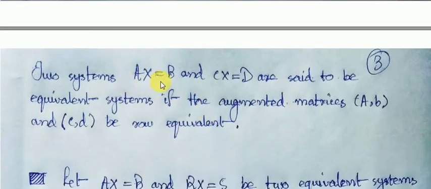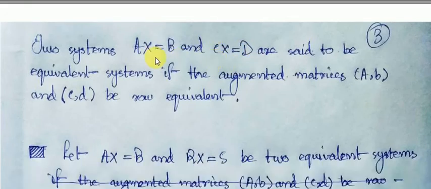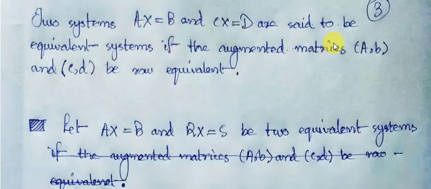Now, when will two systems Ax equal to b and Cx equal to d be called equivalent systems? We are already familiar with the row operations or column operations of a matrix, and when two matrices are called row equivalent, column equivalent, etc. We shall recall that notion here. We consider the augmented matrix for the first system Ax equal to b, which is (A, b), and for the second system Cx equal to d, the augmented matrix is (C, d).